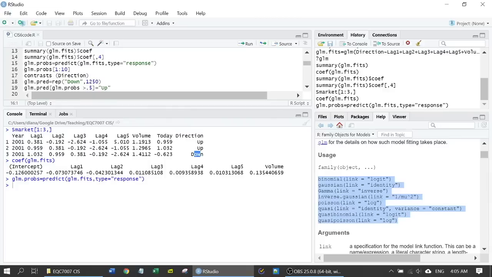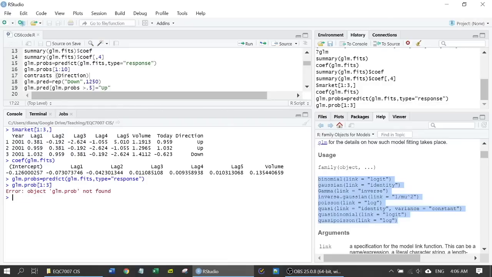You can store this probability, and you must remember that probability ranges between 0 and 1, with numbers close to 0 meaning a low probability and numbers close to 1 meaning a high probability. You will store this into glm.probs. Now we want to look at glm.probs maybe from 1 to 3 instead of 1 to 10.